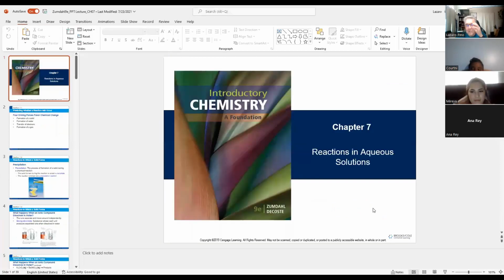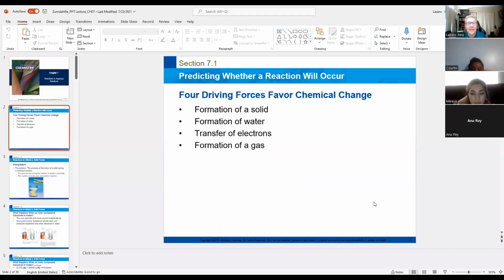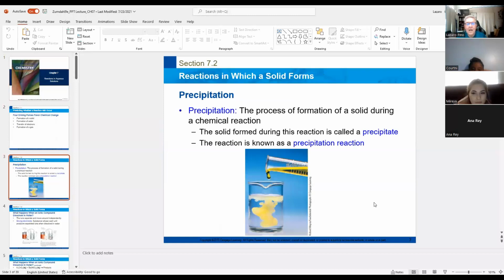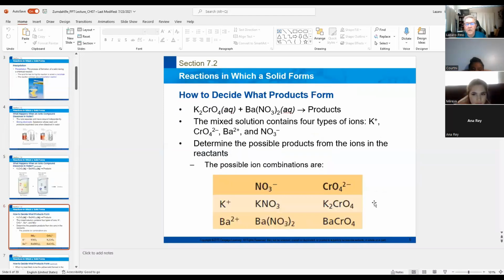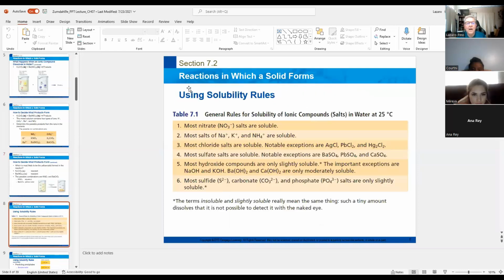Well, in order to begin explaining this, I want you to follow the solubility rules. You can print it for the second exam, okay?